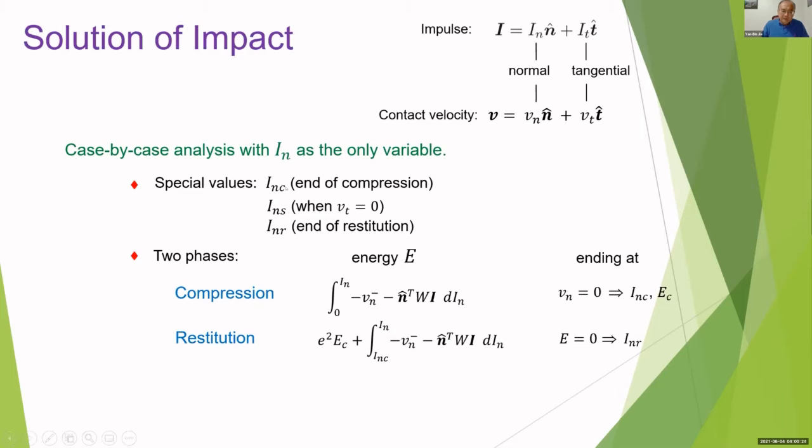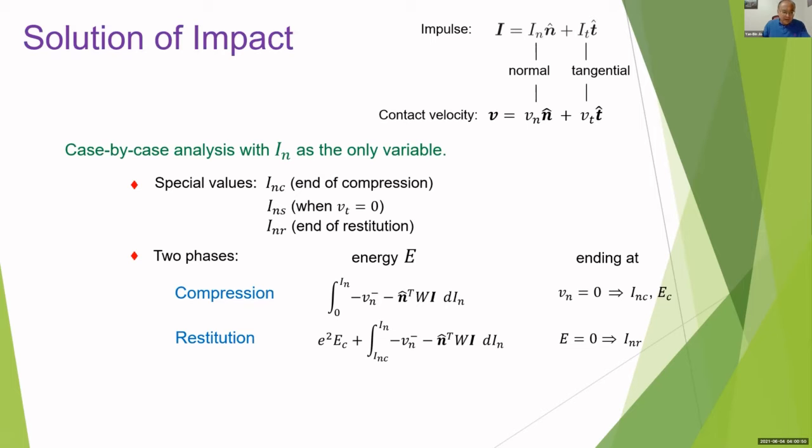There are special values for the impulse. The normal impulse is the only variable. All the others, the tangential impulse, the contact velocity, the potential energy, are functions of this variable. There are several critical moments. One is the end of compression, where we have a value of this normal impulse. The second is when the tangential velocity becomes 0.